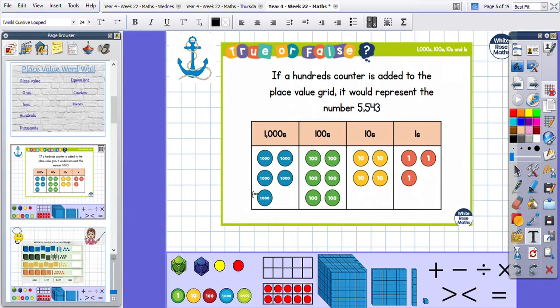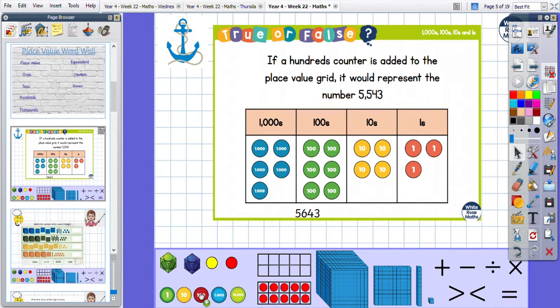Okay, so at the moment, our number represented, we have 5,000s, we have 600s, we have 4 10s, and we have 3 1s. So at the moment, our number is 5,643. But we want to add a hundreds counter.